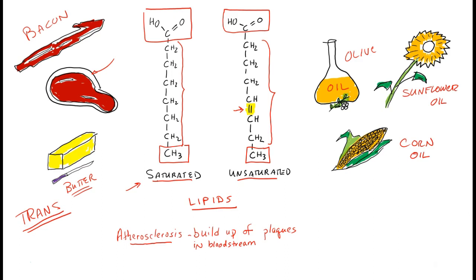Trans fats are actually unsaturated fats, and scientists tried to add the hydrogens back to the molecule, and that basically rearranged some of the atoms in the molecule and led to what we call a trans fat. And trans fats are found in substances like margarine, or any item where you see on the label partially hydrogenated soybean oil.